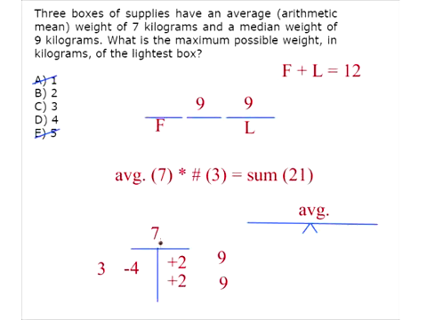So to balance that out and make 7 perfectly balanced in the middle, I need to be 4 under the average on this side. Since I'm only allowed to have 1 number out here, I need 1 quantity that will allow me to be 4 under this.